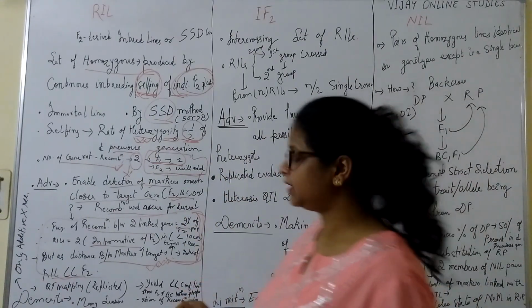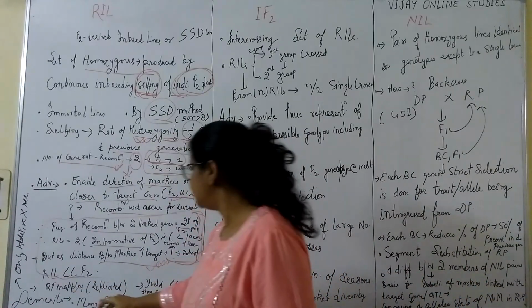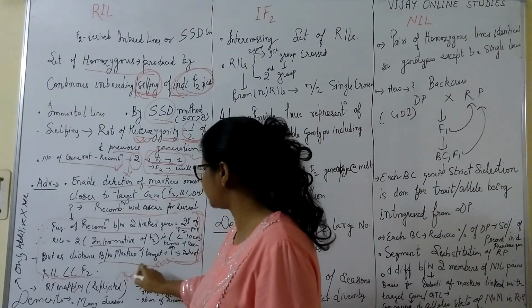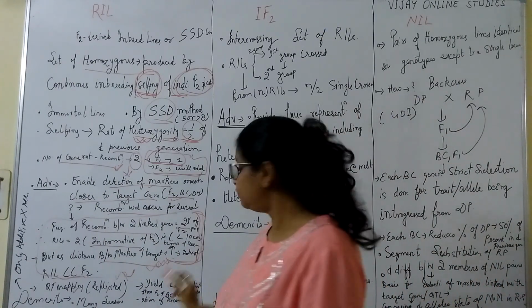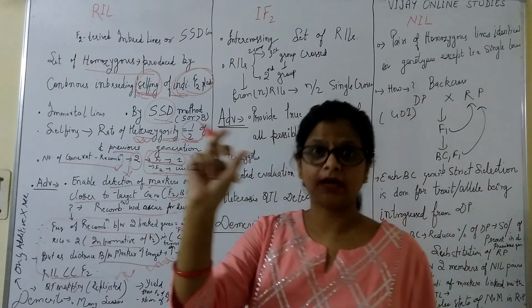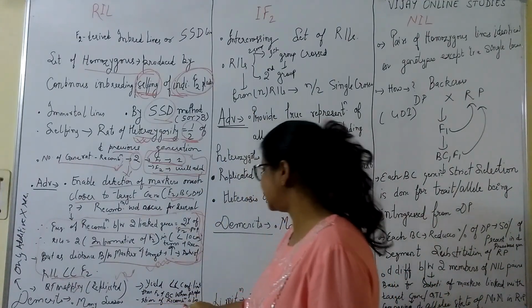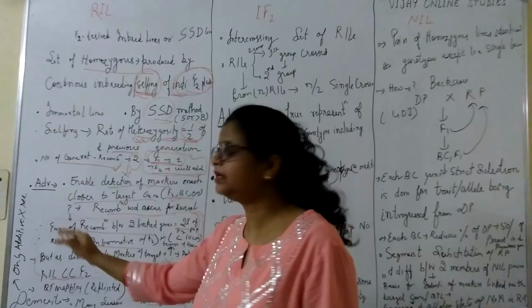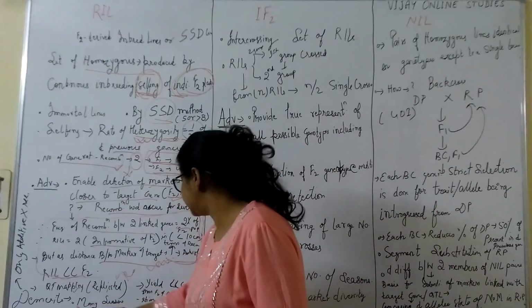Another advantage associated with these lines is that they permit QTL mapping because they provide homozygous lines. Then you can go for replicated trials at multiple locations. And the confidence limit of the marker and gene which you obtain in this RIL mapping population is much less than what you get in F2 and backcross populations. The major demerit of this mapping population is that it requires many seasons.